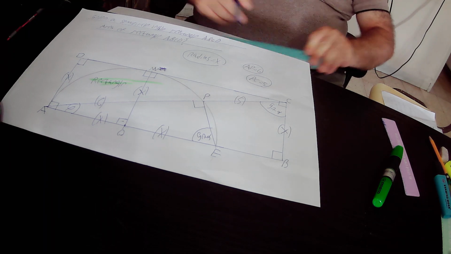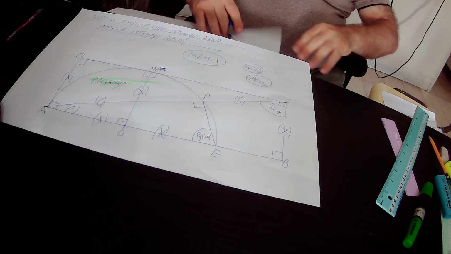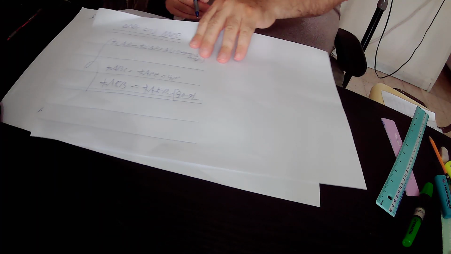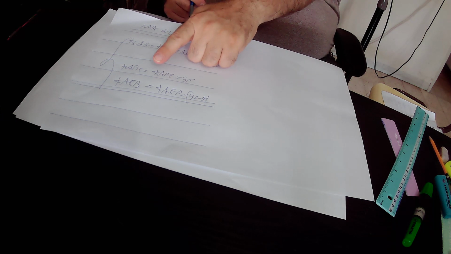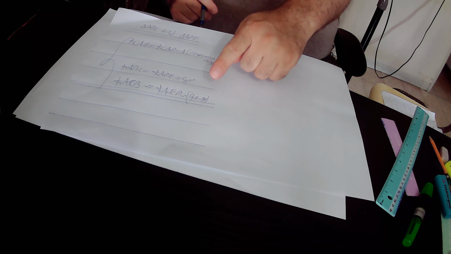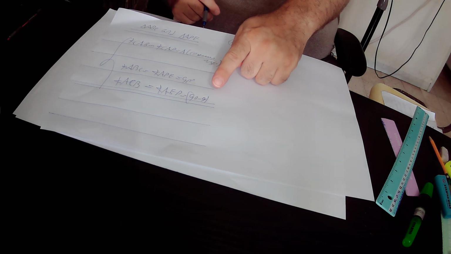I'll repeat again. I found out that angle ACB in the right big triangle ABC is equal to angle AEP in the small right triangle APE. They are both equal to 90 degrees minus alpha, therefore they are equal to each other.